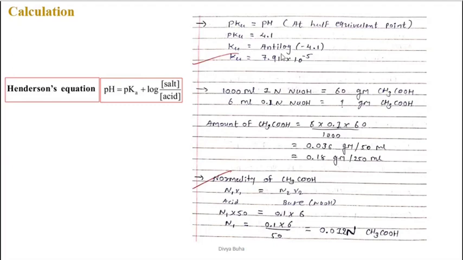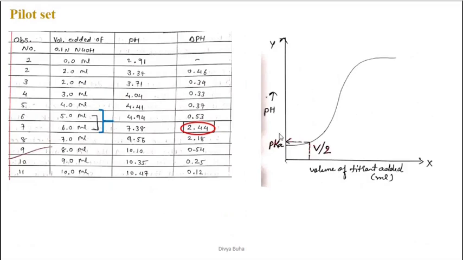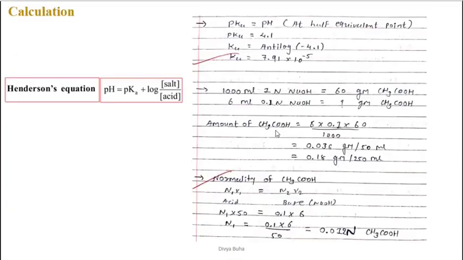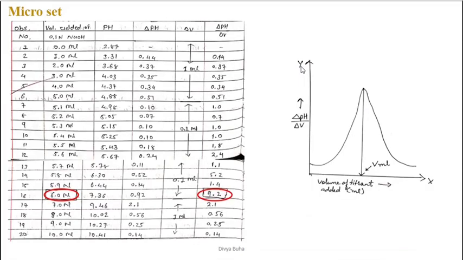Ka equals antilog of minus pH, or minus pKa. So you put down the pKa value which you have obtained from the graph, that is 4.1. So Ka would be equal to antilog of minus 4.1, and it will give you 7.91 into 10 raised to minus 5. So Ka is the dissociation constant, and that is 7.91 into 10 raised to minus 5.